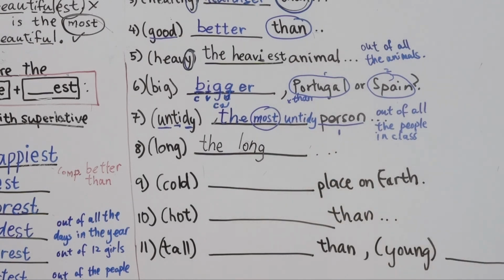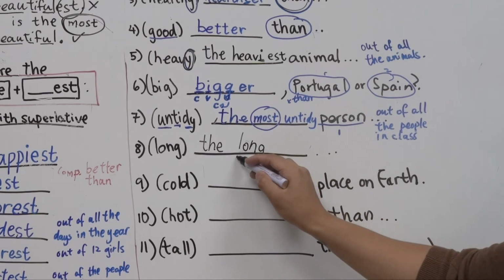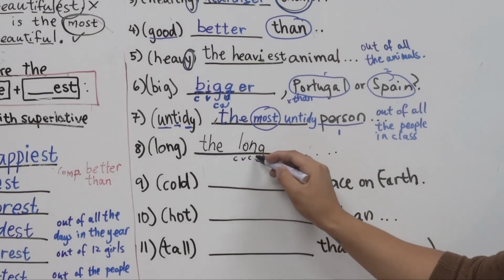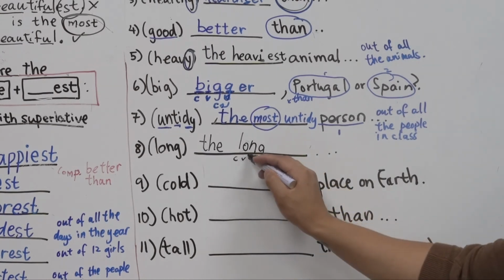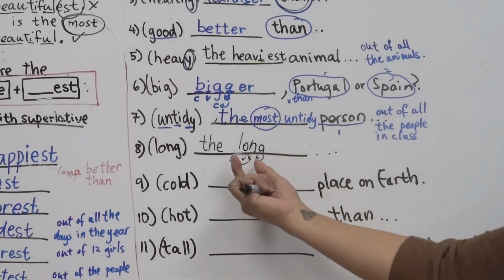Now you might ask me, right? If the rule for G, if we put an E next to G, it becomes a soft G. So how come we don't put another G, right? Because here we have C, V, and C, and C, right? How come we don't put another G? Right. So the rules for the CVC, the consonant, vowel, consonant, this constituent should be at the end, towards the end.